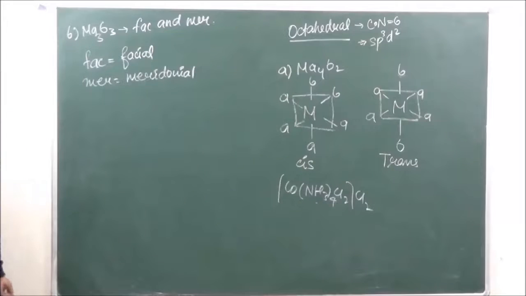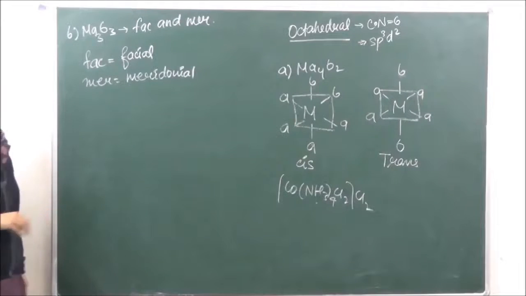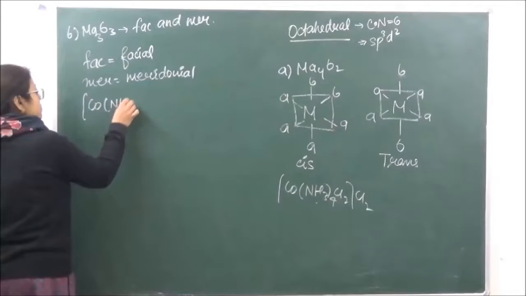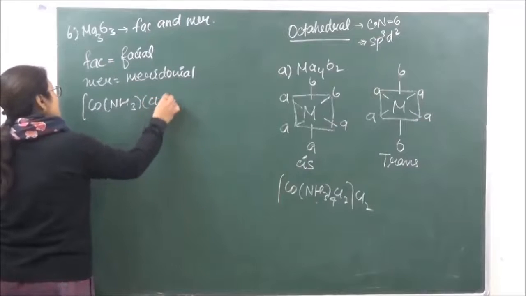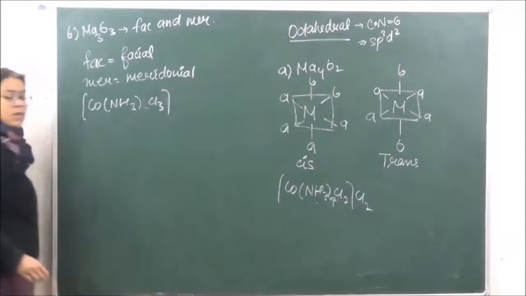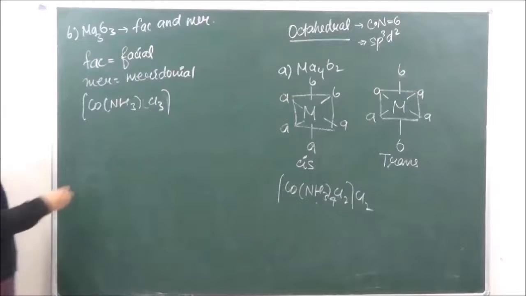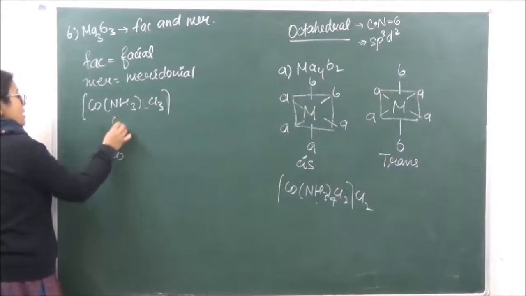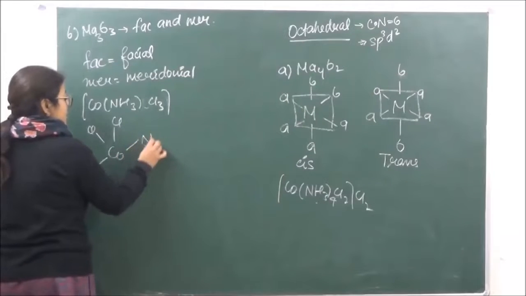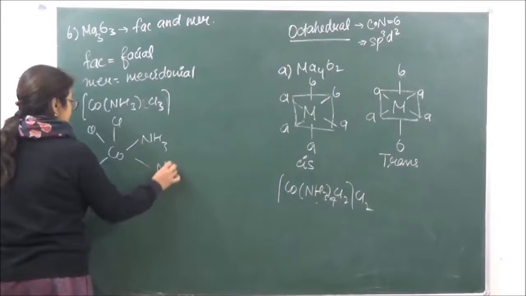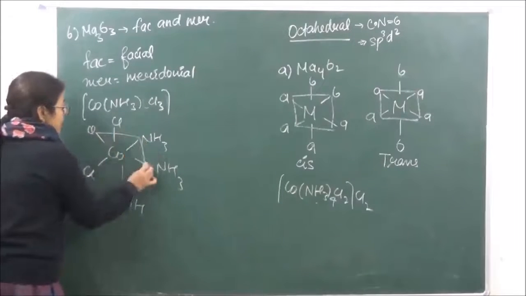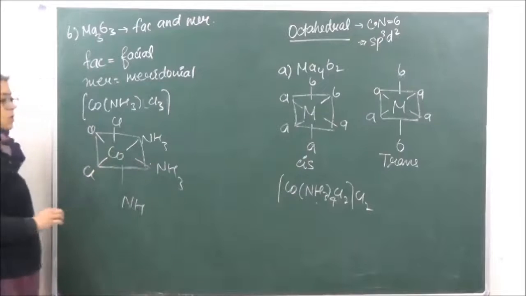Let's understand these positions. Now over here we are taking an example of Co(NH3)3Cl3. Okay, so we have cobalt, Cl, Cl, Cl, and we have NH3, NH3 and NH3. Now when you are looking at this particular compound, what can you see?